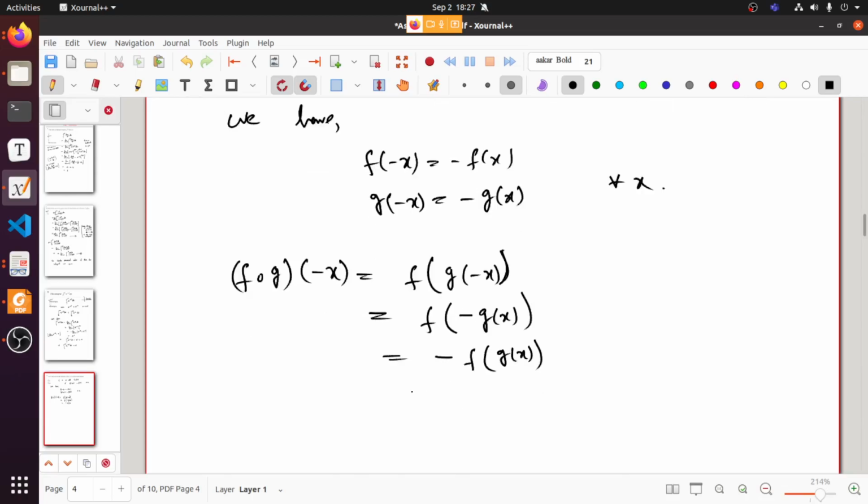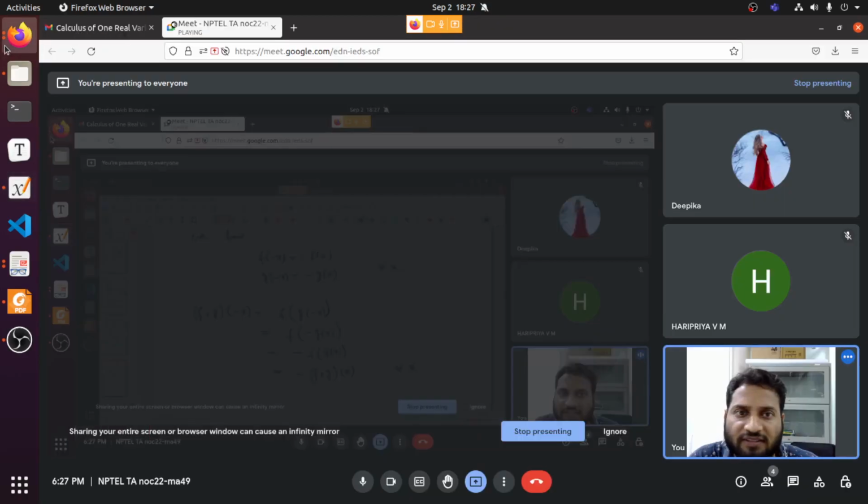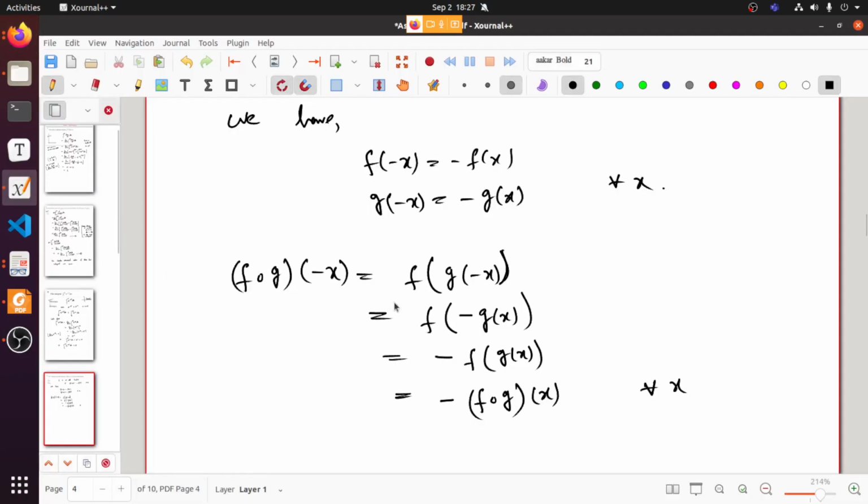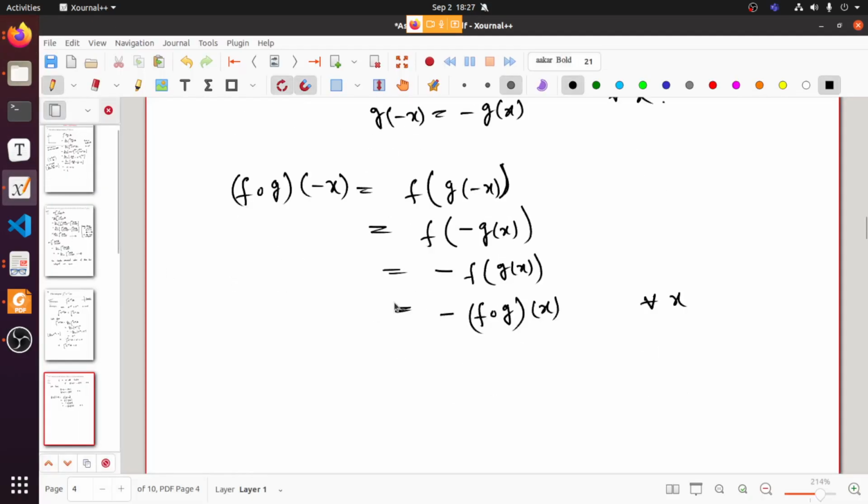So what is this then? Minus of, this is again f compose g of x, right? So f compose g of minus x is minus of f compose g of x. This is true for all x, meaning that f and g odd functions imply f compose g is an odd function.